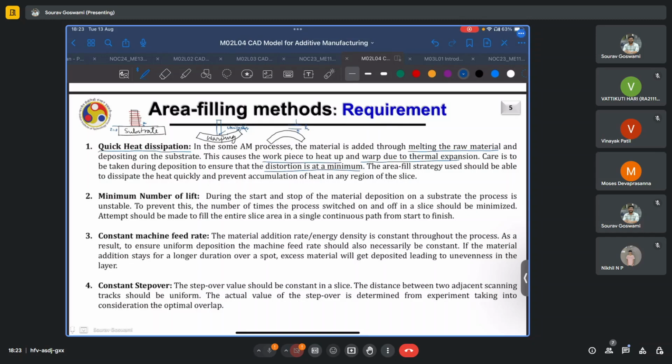Now, this can happen for a variety of reasons. Say, on the same build area, you have multiple objects. So, say I have a cube here, I have a cylinder here, or I have something else, another block here. And the deposition head has to build all of these.